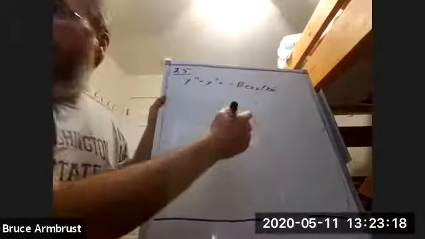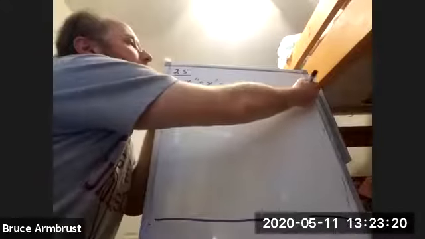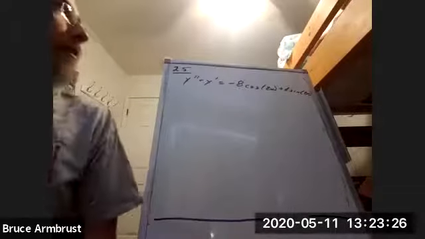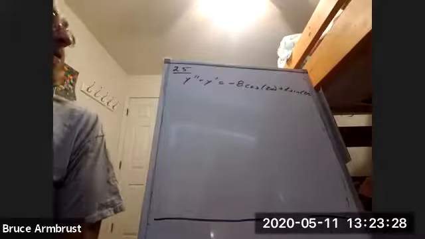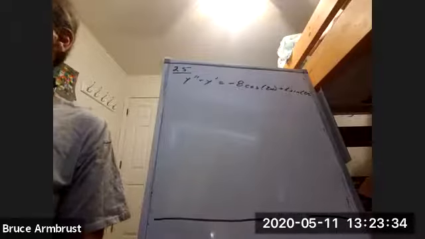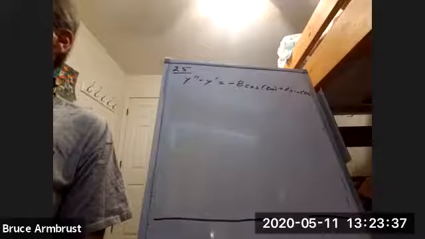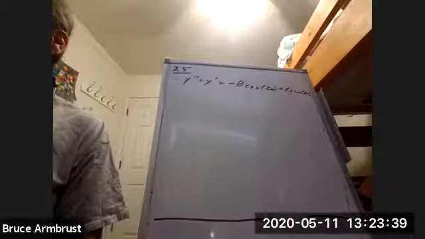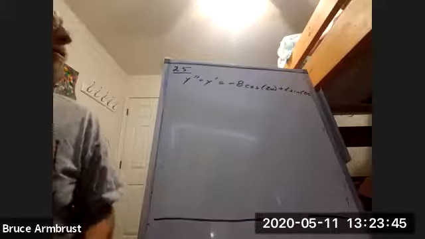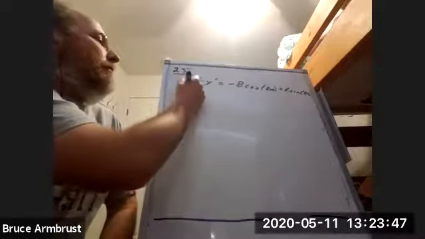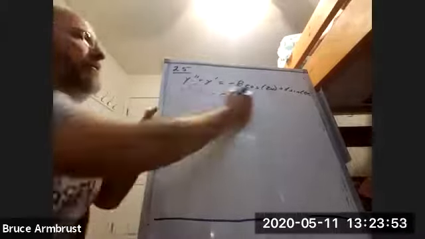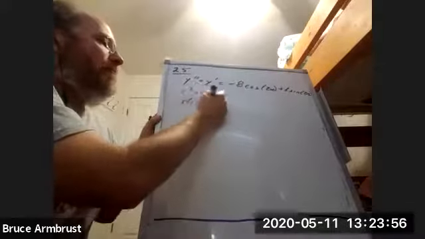Let me just go ahead and get this written up here. All right, so we've got y double prime plus y prime equals minus 8 cosine of 2x plus 6 sine of 2x. Since we're going to go all the way, let's start by finding the fundamental set. So let's make our polynomial: r squared plus r equals 0, which of course factors to r times r plus 1.